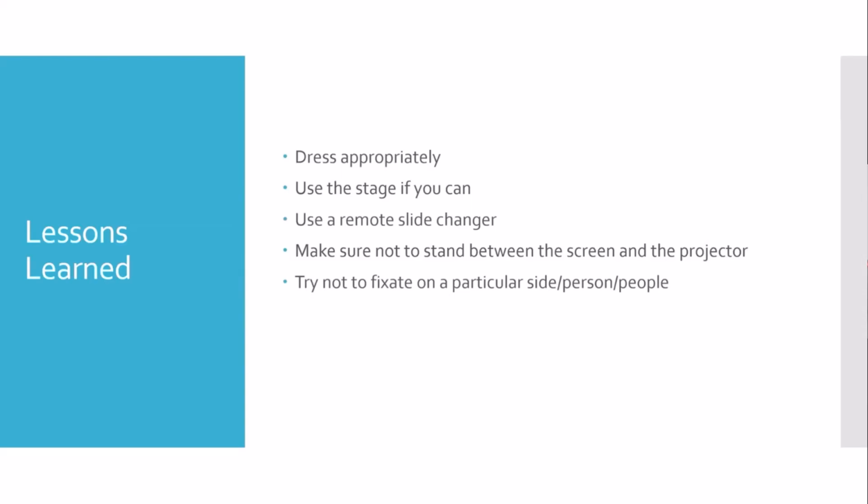Try not to fixate on a particular side or person or a group of people. The trick is you have to keep moving and you have to keep your eyes moving as well, right? Because if you keep fixating on one single person or a group of persons, then the chances are the rest of the people are going to feel disconnected, because they feel like you're having a conversation only between you and that group of people, but not with themselves.